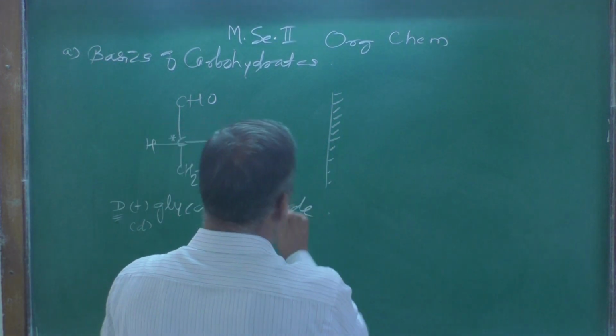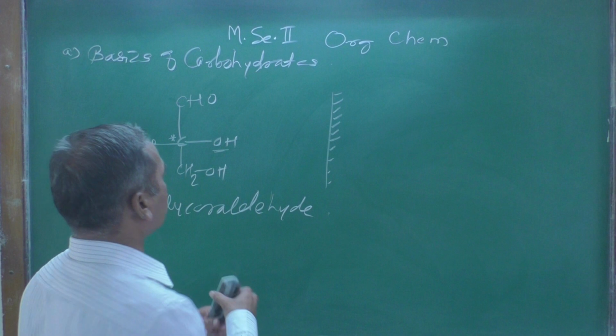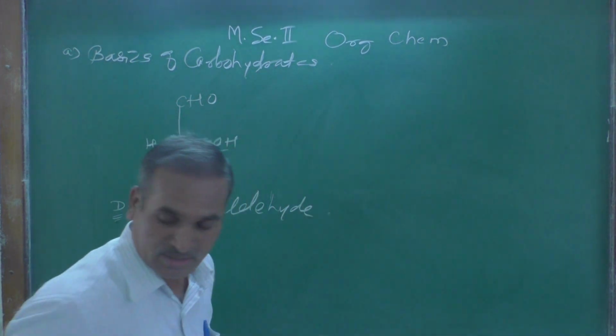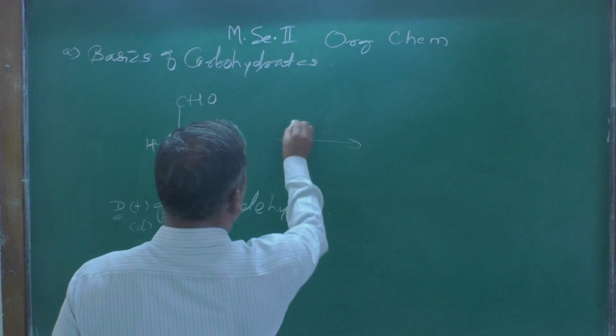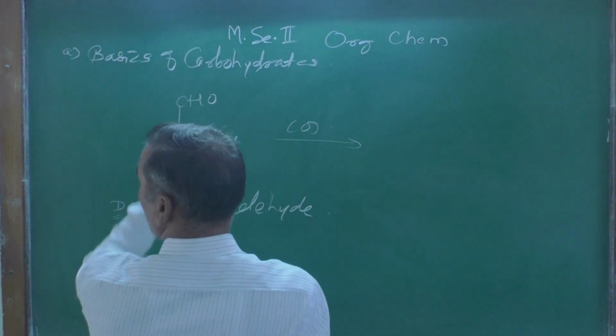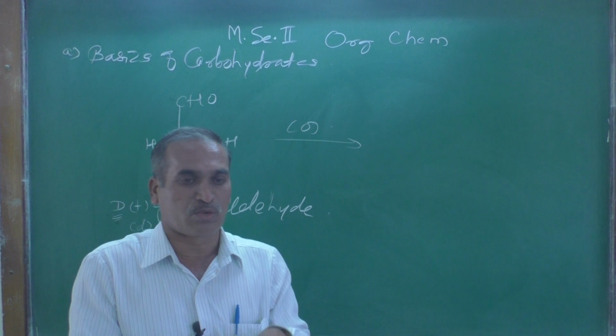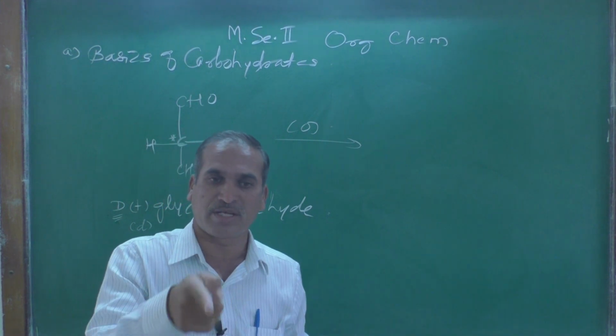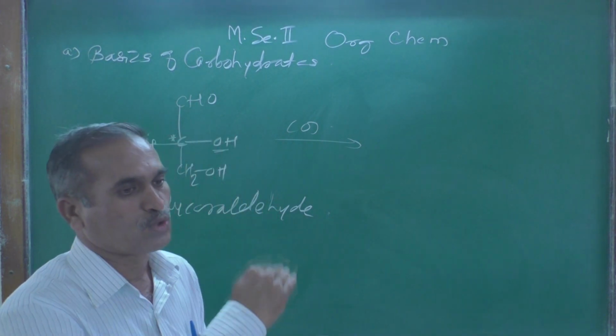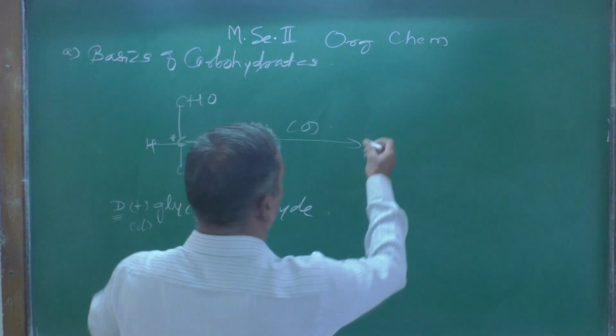Suppose oxidation takes place over here. What is going to happen after the oxidation? The most oxidizable group in that carbohydrate is the aldehyde. So it is going to convert into a carboxylic group.